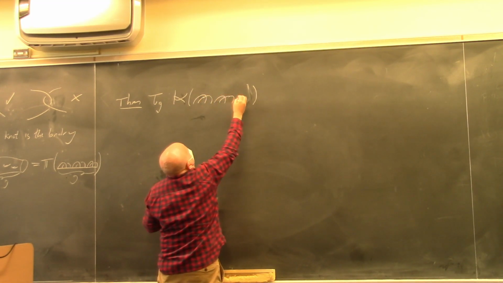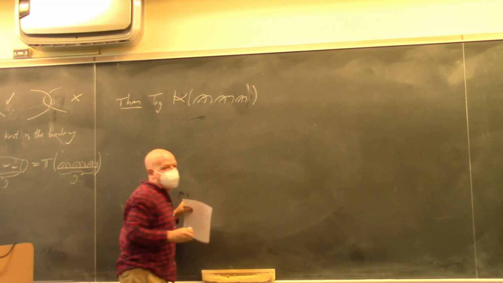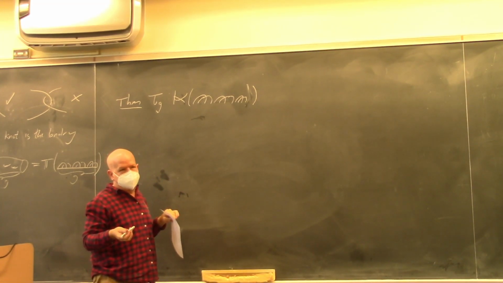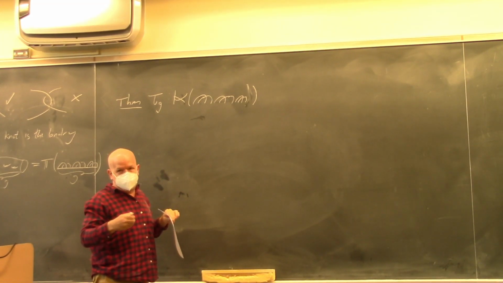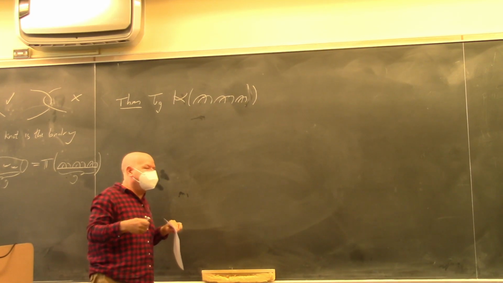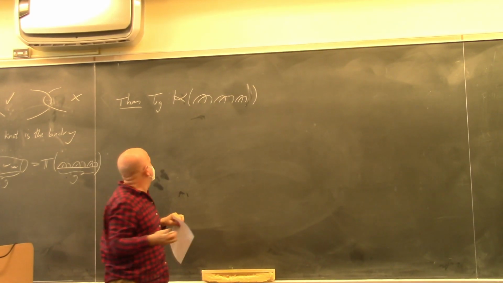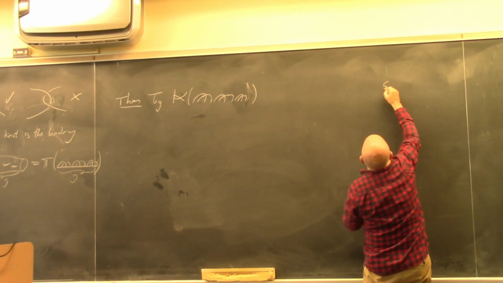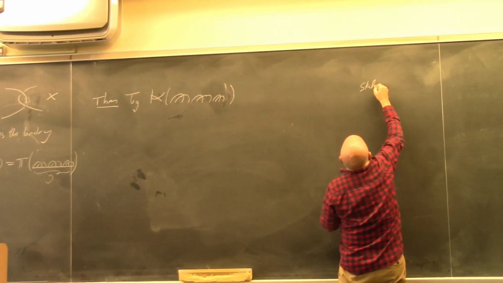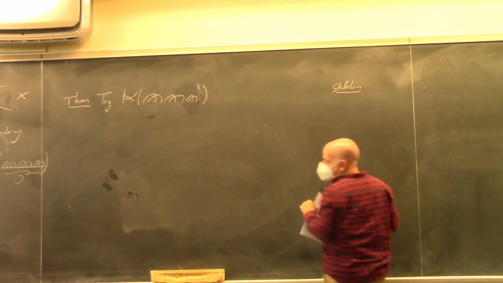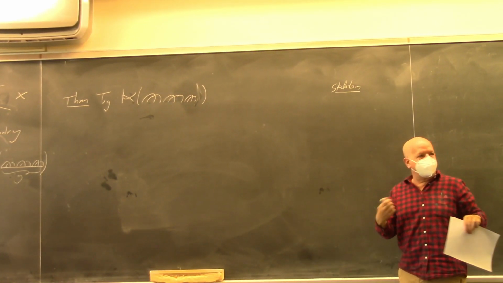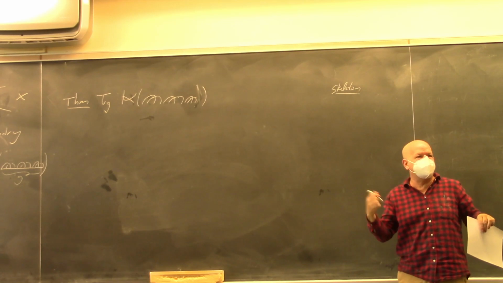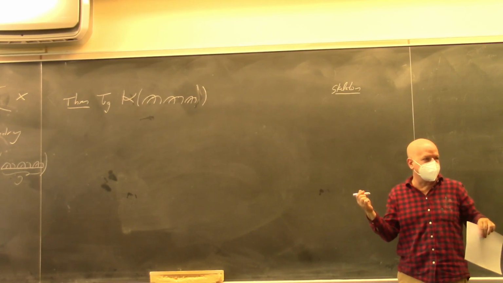Okay, this is the skeleton of a knot. So the skeleton, or of a tangle, or of a link. So maybe on the side I should say what I mean by the skeleton. So the skeleton is basically the parameter space and information that comes with the parameter space that has nothing to do with the embedding.